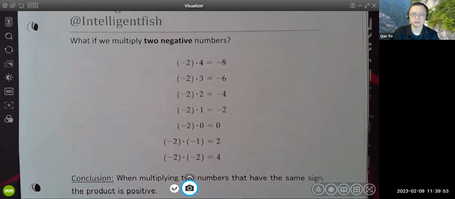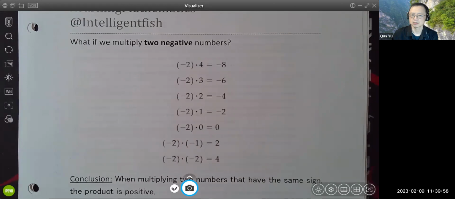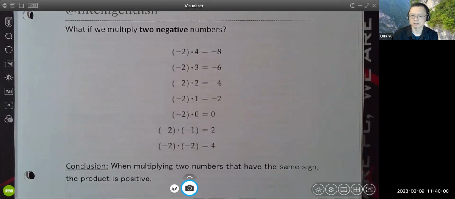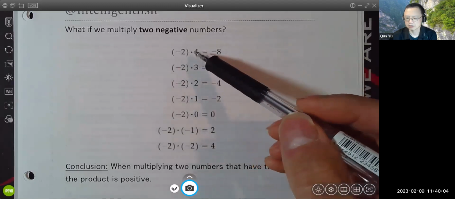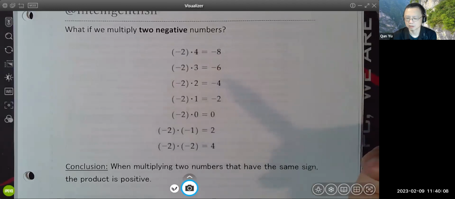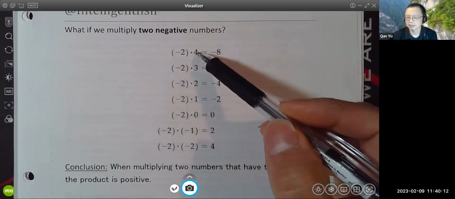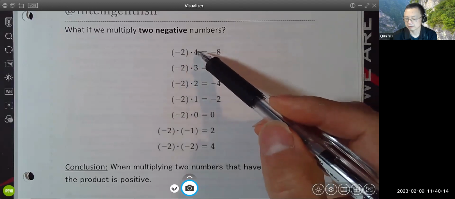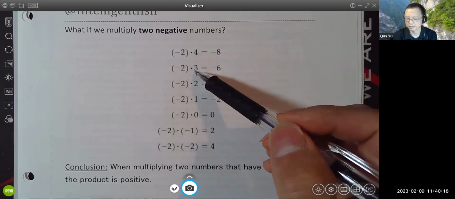Now, here's another question. What if we multiply 2 negative numbers? So let's look at this demonstration again. Notice that this time we multiply by -2 for all of these examples. Again, we are going to detect a pattern by looking at the second factor in multiplication. Each time we reduce it by 1.